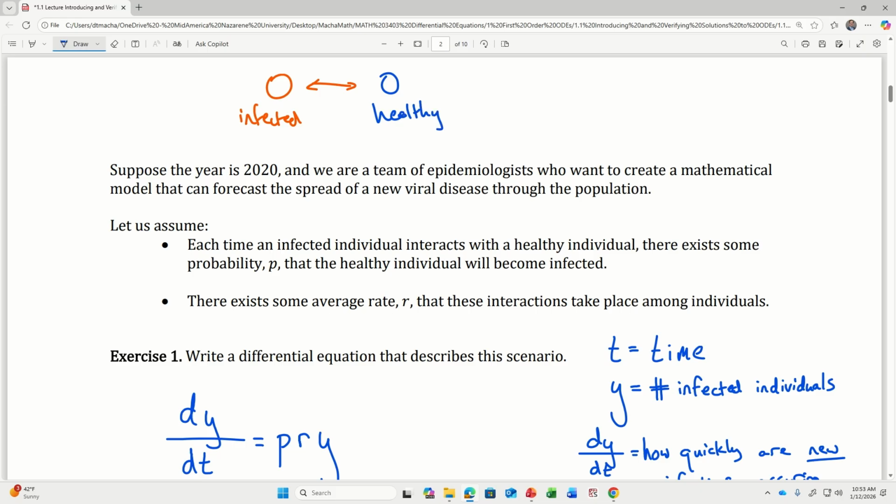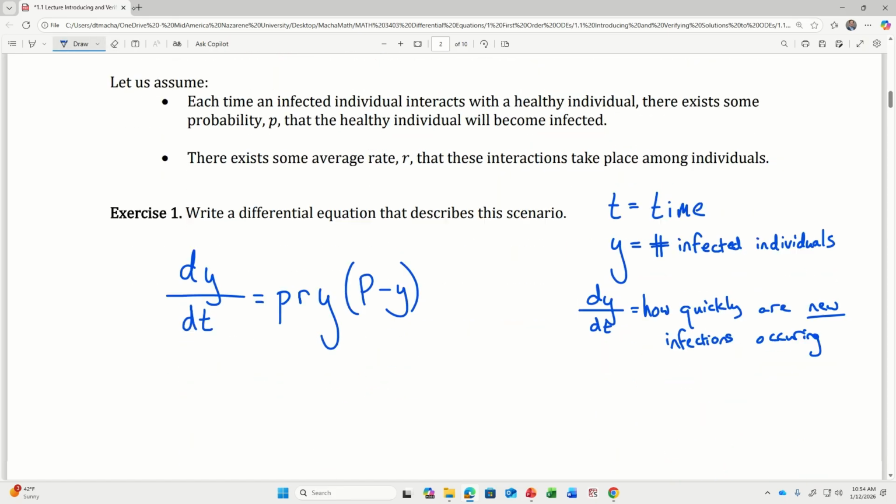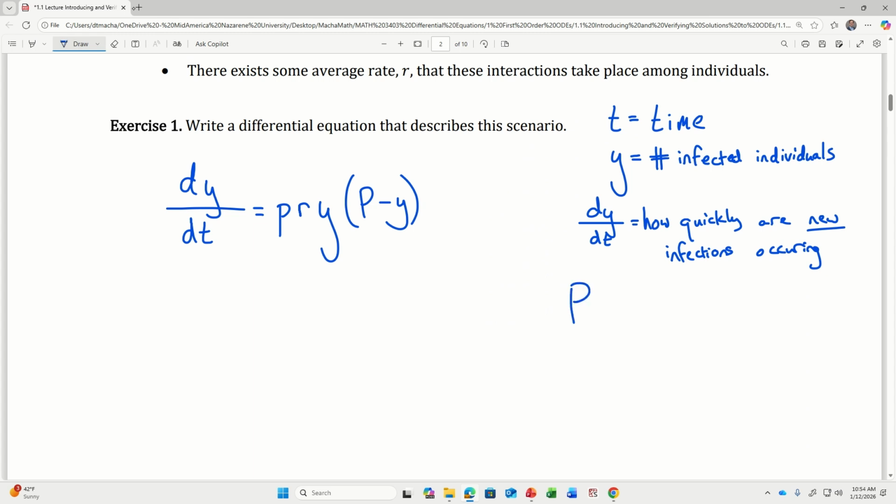So really, the rate at which you're creating new infections is going to be also proportional to the number of healthy people we have. And for the number of healthy people, we should take the total population minus the number infected. And so that would be the number of healthy individuals.